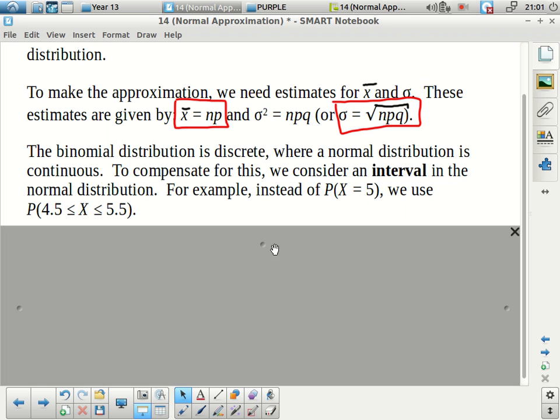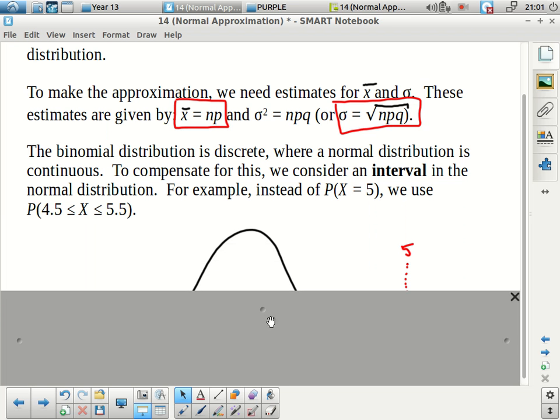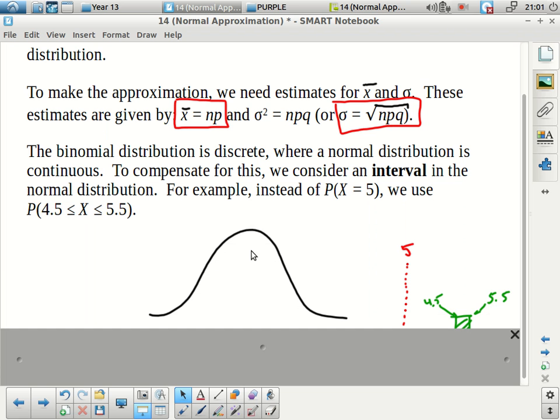Again, I'm going to show you a little visual to try to explain what's going on. If this is my normal distribution, let's say I'm trying to look at 5. If I try to look this up in the z-score table, it's just going to tell me the percentage for the shaded area below 5, and that's not really what I want. To compensate, I say, well, if this was binomial, I would have a bar there.